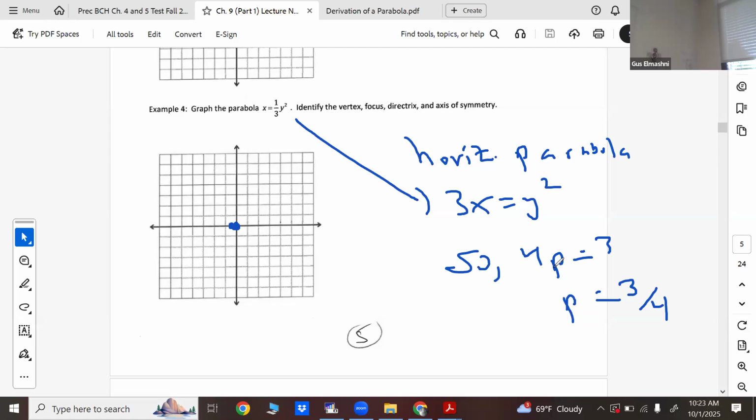And it's going right, because it's positive 3. So I want to go 3/4 here and negative 3/4 here. If you were to plug in, you could do 3 comma 3 as a point, I think, and 3 comma negative 3.